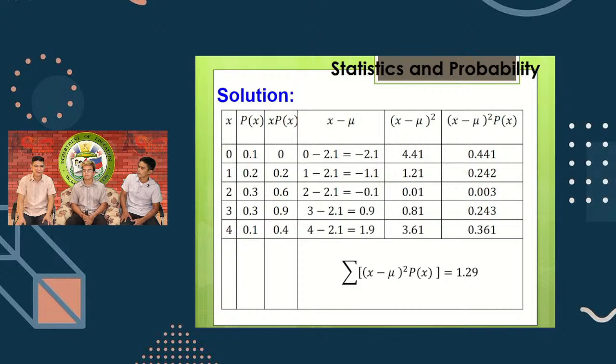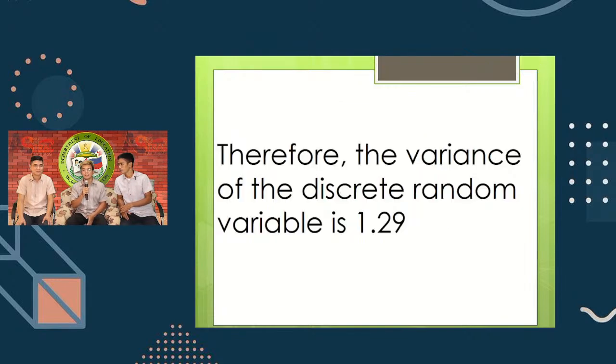Then you add all the results in the sixth column. So 0.441 plus 0.242 plus 0.003 plus 0.243 plus 0.361. The result is 1.29. So therefore, the variance of the discrete random variable is 1.29.